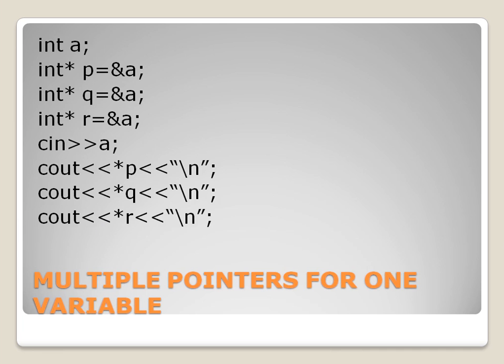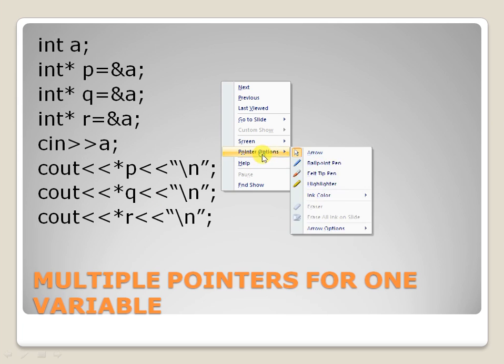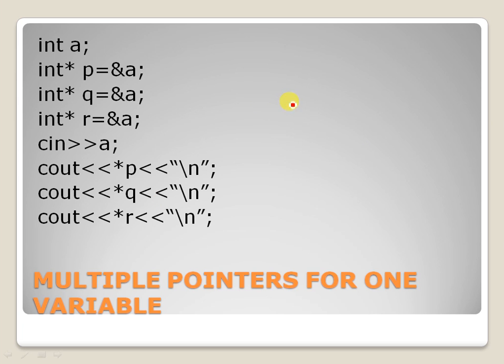Okay, so this is multiple pointers for one variable. That means you can create multiple pointer variables, all pointing to a single variable. So it will be something like this: this is a, and a is an integer variable, and you have three pointers pointing to the same variable.